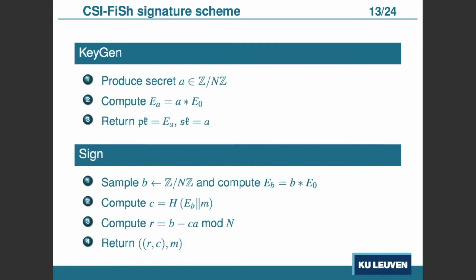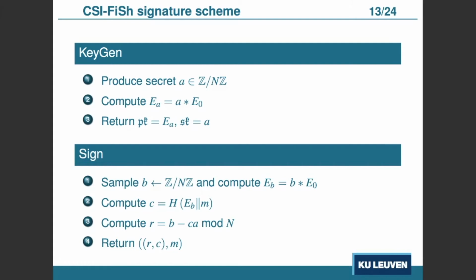So if we want to distribute this, to do this in MPC, then there are exactly two values that need to be kept secret during the signing process.